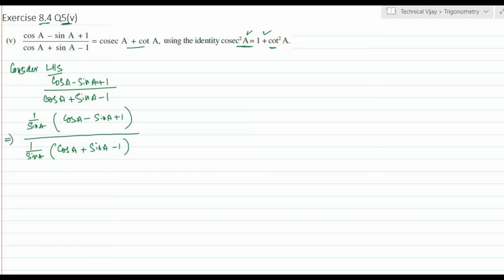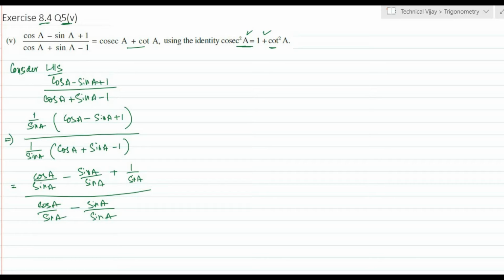Now we will simplify. Here cos A divided by sin A minus sin A divided by sin A plus 1 divided by sin A, whole divided by cos A divided by sin A plus sin A divided by sin A minus 1 divided by sin A. Sorry, this is plus.